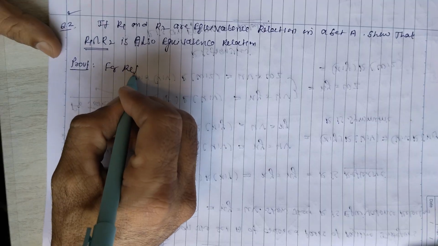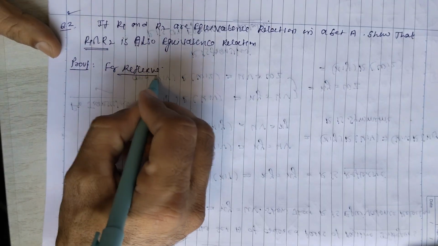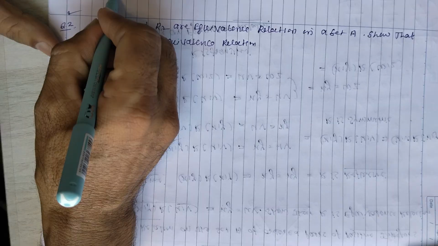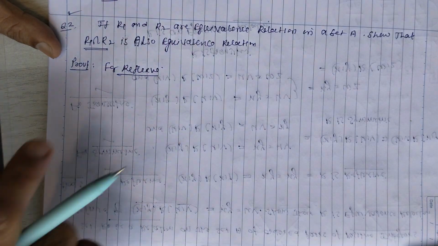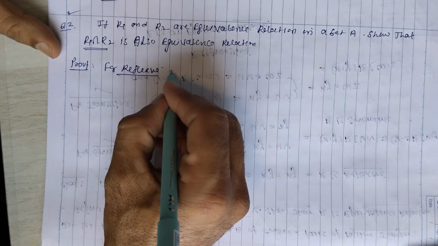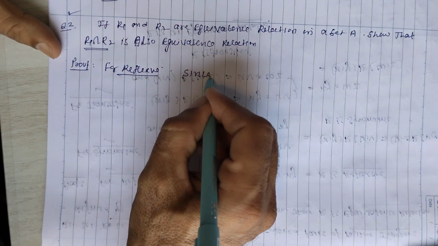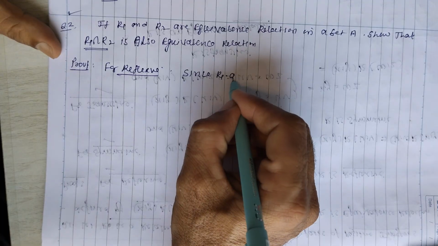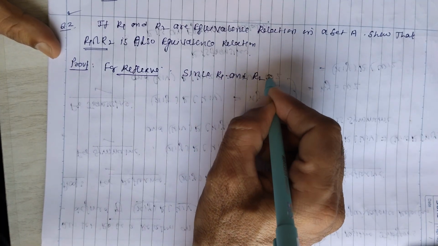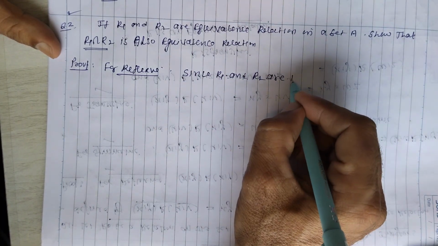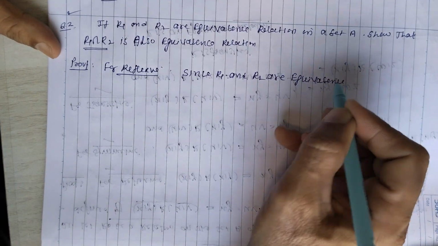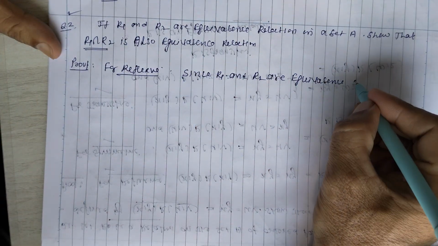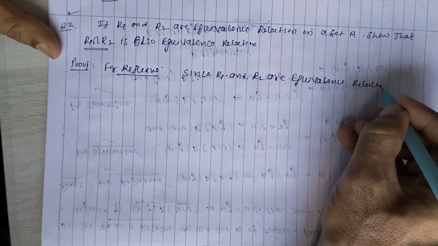For reflexive, A related A. What is the reflexive? A related A. Correct? Since R1 and R2 are equivalence relations. Why? Because it is given.